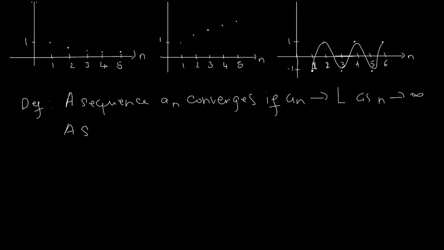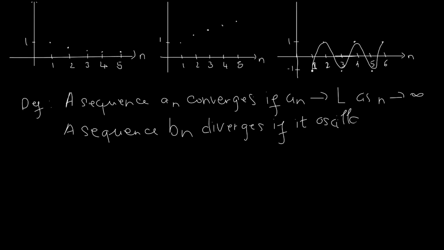And a sequence, let's call it bn, diverges if it either oscillates or tends to infinity as n tends to infinity. So that's what convergence and divergence of a sequence is all about.